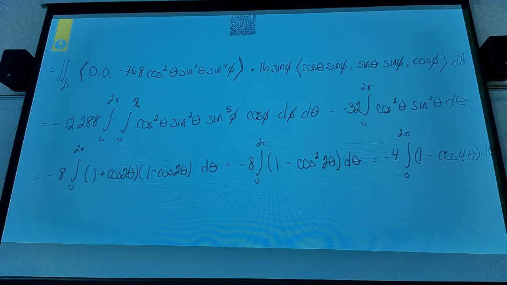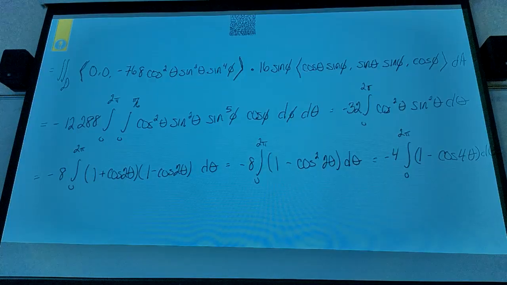What is the period for cosine of 4 theta? Just regular cosine of theta is 2 pi. What about cosine of 4 theta?